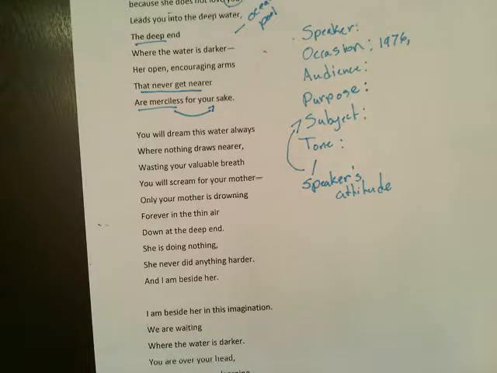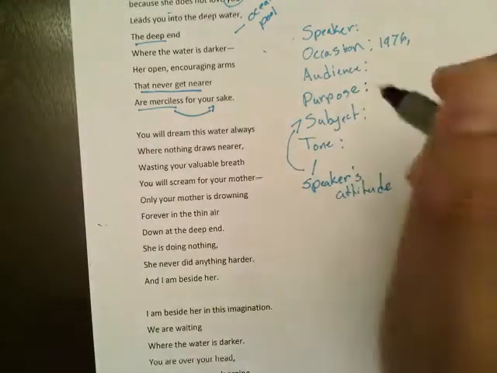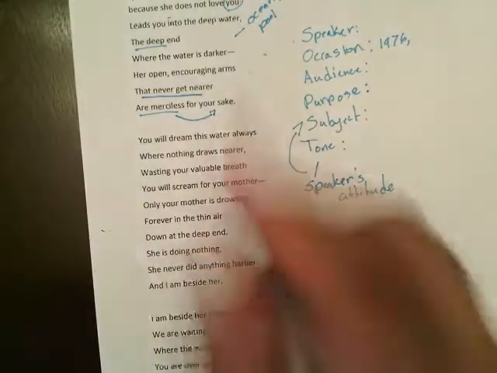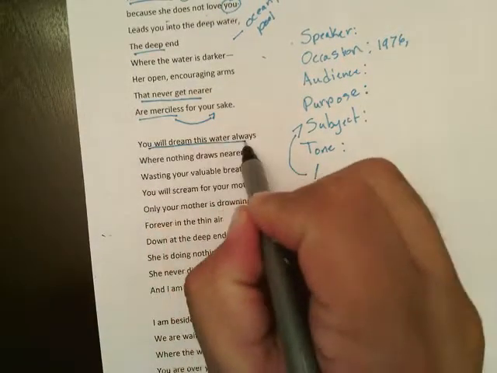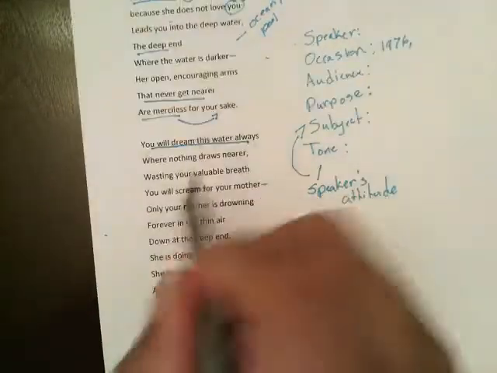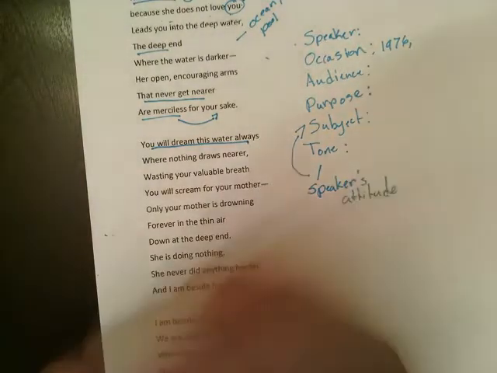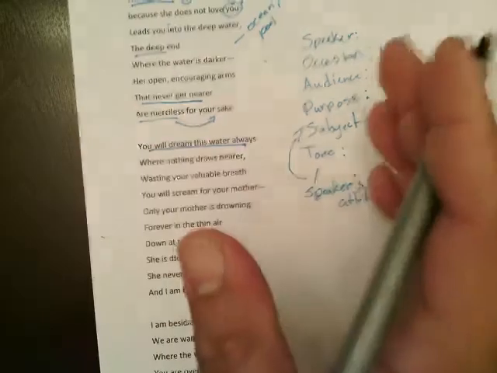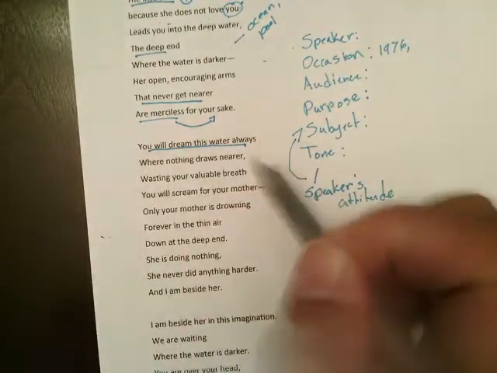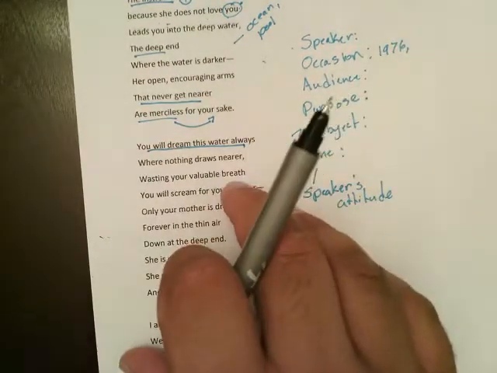Okay, so some clues are starting to come through here. You will dream this water always. That's really weird. I don't know what that means right now, if this is my first read through. Of course, I've done this poem before, so I know what's going on, but as a first read, that's kind of what is going on here.